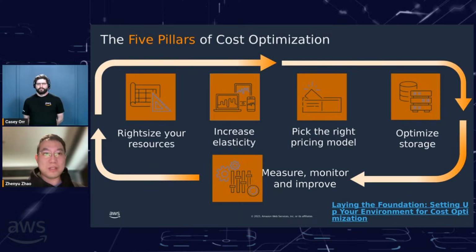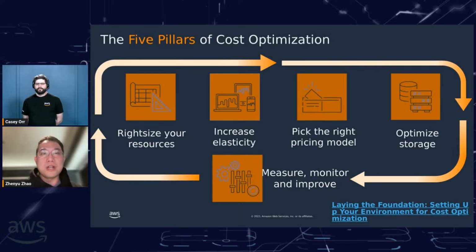Correct, absolutely correct. So this is where the fifth pillar comes into play: measure, monitor and continuously improve. You need to make sure you don't cut your size too significantly or too ambitiously. Just go one step at a time, because we do see some bad impact from right sizing exercises that affect the end users.